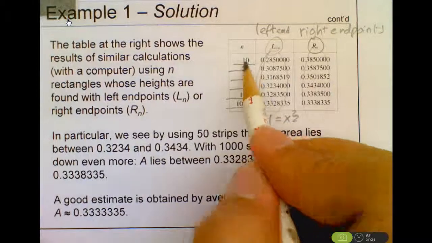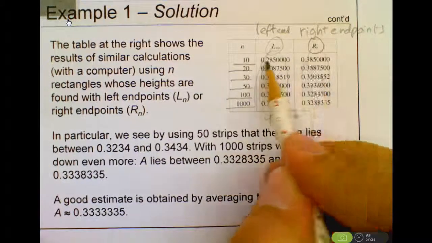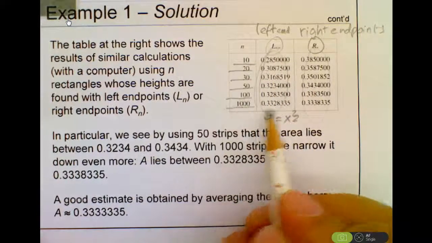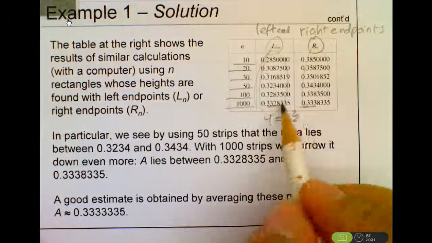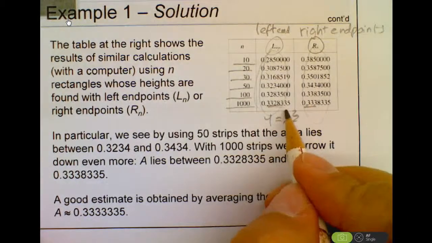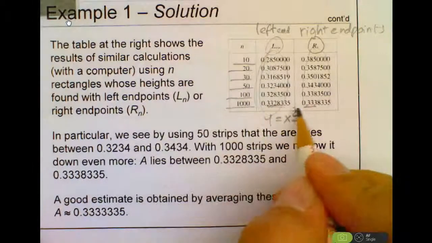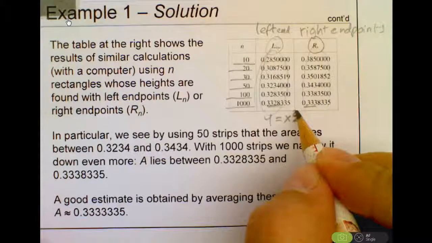So for 10 rectangles, this is the difference. For 20, this is the difference. Now look at 1,000. These two numbers are getting very close to the actual region S. So you can see that the more rectangles that you use, the closer you're going to be to the actual number.